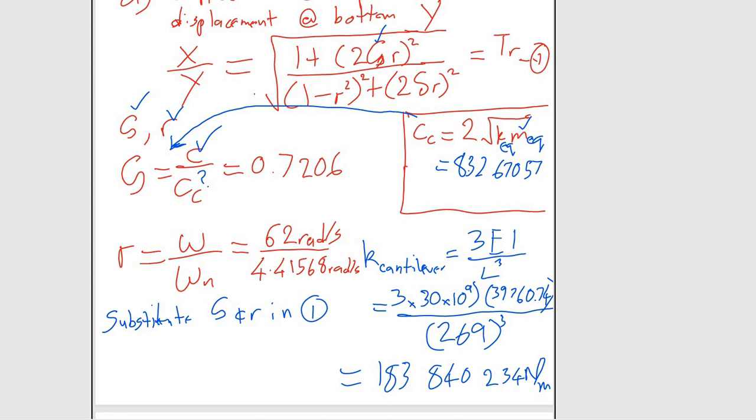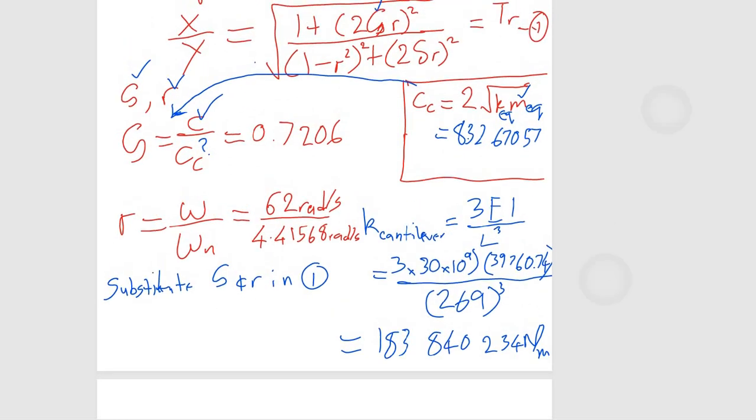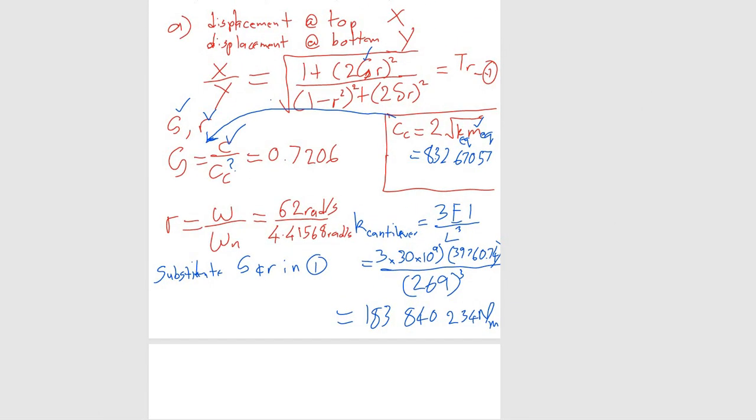We now need to solve for that ratio. And what you realize is that if I substitute in equation 1, x over y is going to be a ratio of 0.1014.